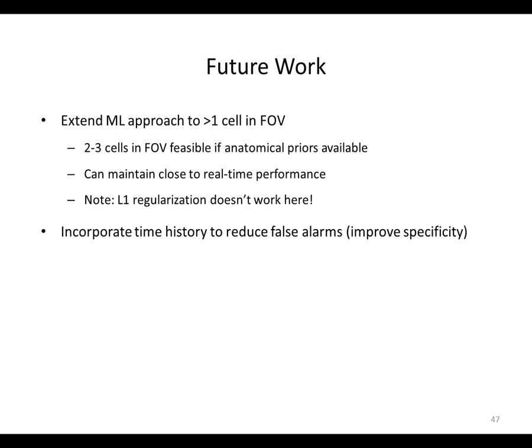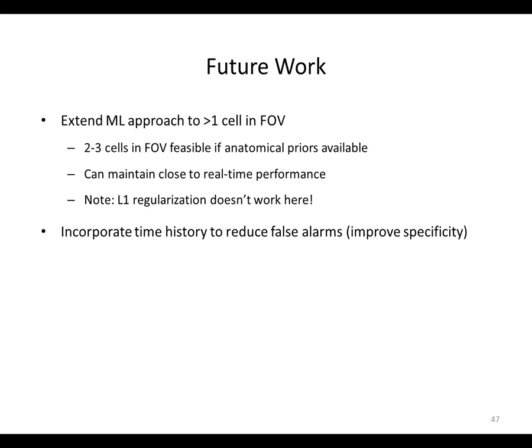Certainly, it would be nice to be able to extend this approach to situations where we have maybe 2 or 3 cells in the field of view simultaneously. I think you can see what the problem might be. When you have one vector, it's no problem at all to test against all the vectors that you have. If you have 2 possible locations, that becomes very quickly a combinatorial problem.